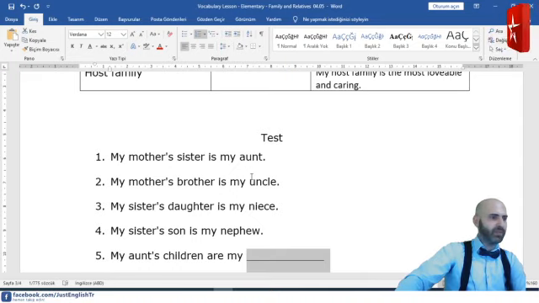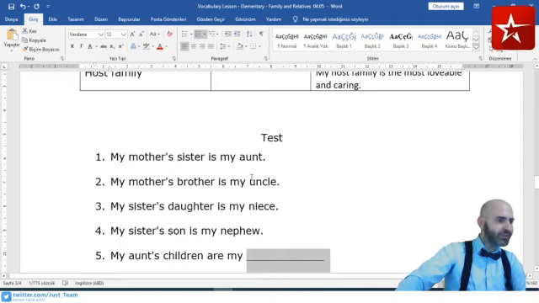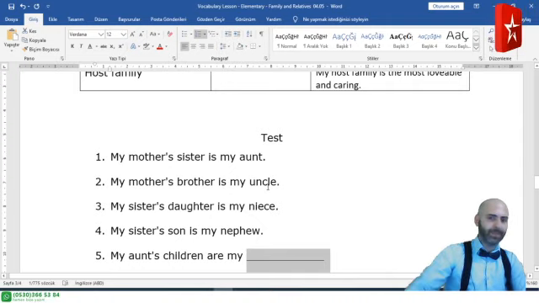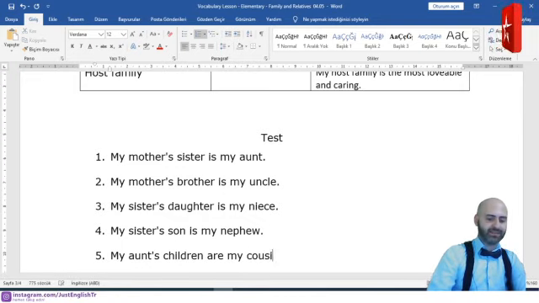And for question number 5, we have a correct answer again from Ayfer, Hayrunisa, and Taha. My aunt's children are my cousins. True. Not cousin, guys.